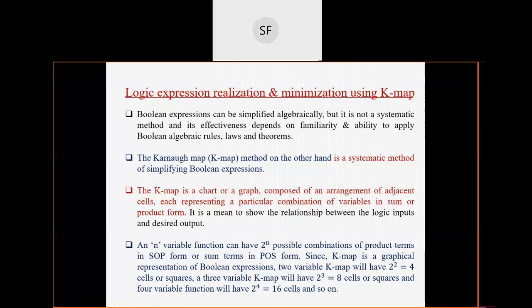Total 4 squares will be there in your K-map for 2 variables, whereas a 3 variable K-map will have 2 raised to power 3, that is 8 cells or squares, and a 4 variable function will have 2 raised to power 4 equals 16 cells. If you go for 5 variables, then it will be 2 raised to power 5 equals 32 cells, but in our syllabus the discussion will be only up to 4 variable K-map.